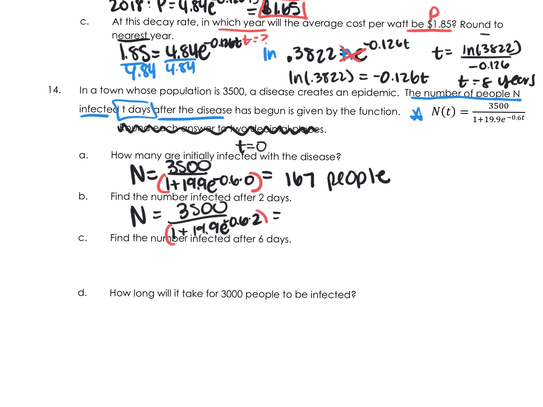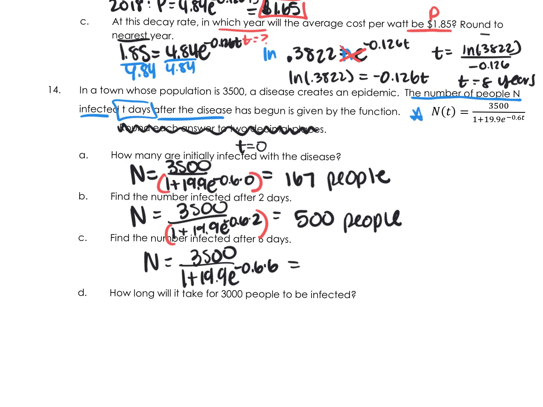Don't forget to put the bottom in parentheses, and you'll get 500 people. And then same thing for after 6 days. We'll plug in 6, and don't forget to put your bottom in parentheses, and you'll get 2,267 people.